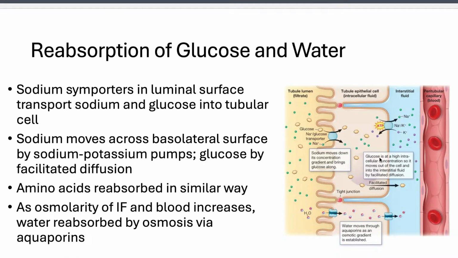So symporters, just so we're understanding each word, symporters are transporters that move two things in the same direction. So sodium moves across the basolateral surface by sodium potassium pumps. Amino acids are reabsorbed in a similar way.